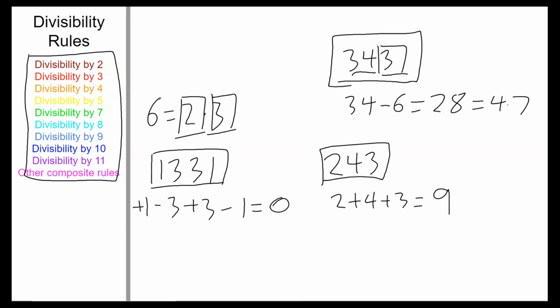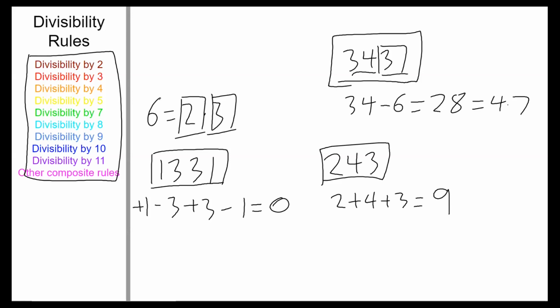11 is, we covered that just now. You would take the alternating sums and differences of the digits, and you have to get a multiple of 11 in order for the original number to be a multiple of 11. 8 is, the last 3 digits of the number is a multiple of 8.